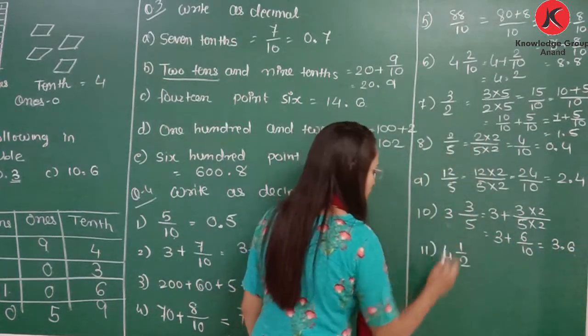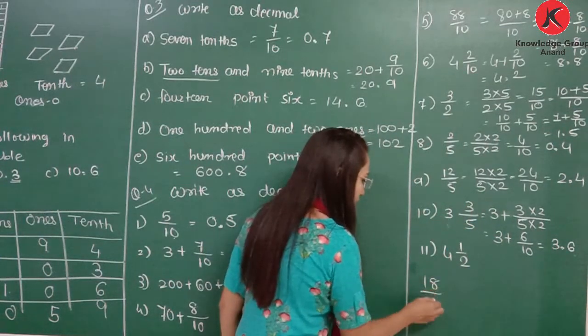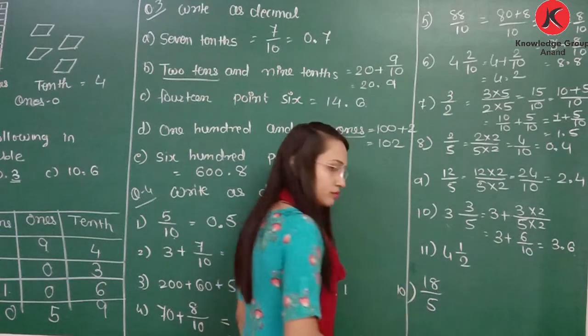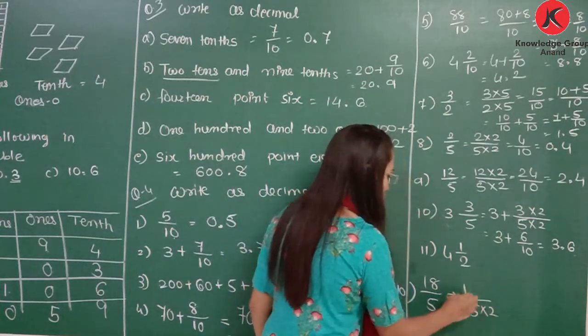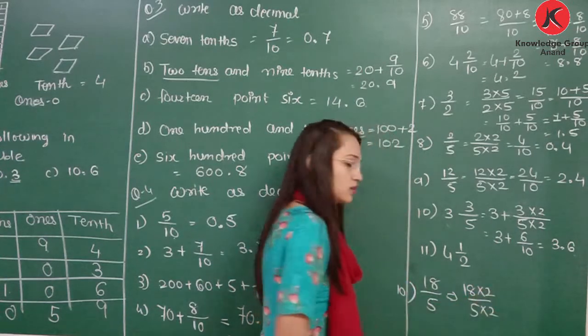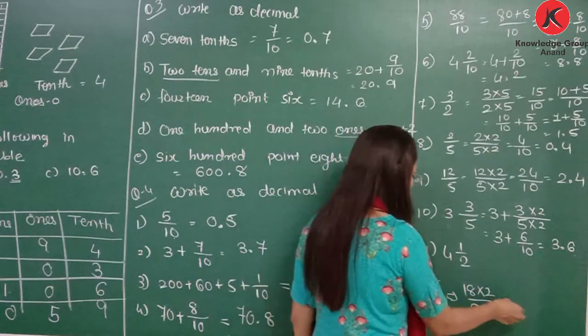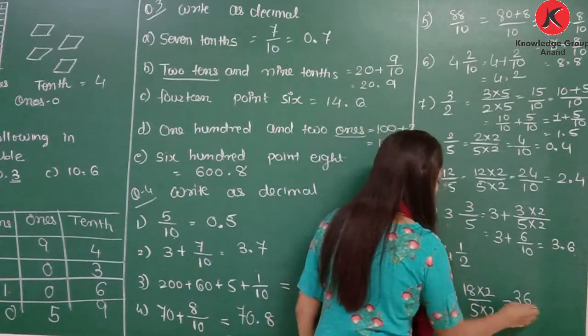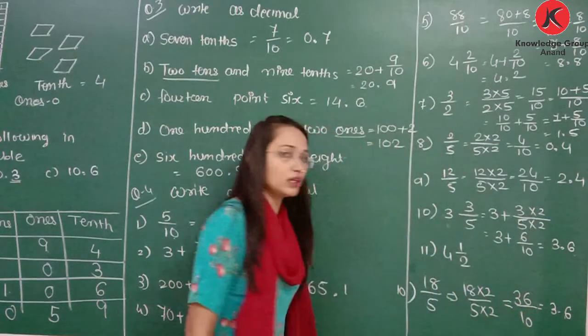Or you can solve this example like 3 5s are 15 plus 3, that is 18 by 5. Now to get denominator 10, we should multiply 5 with 2. So 18 is also multiplied with 2. So it is 36 by 10. So it is 3.6. So both methods are correct.